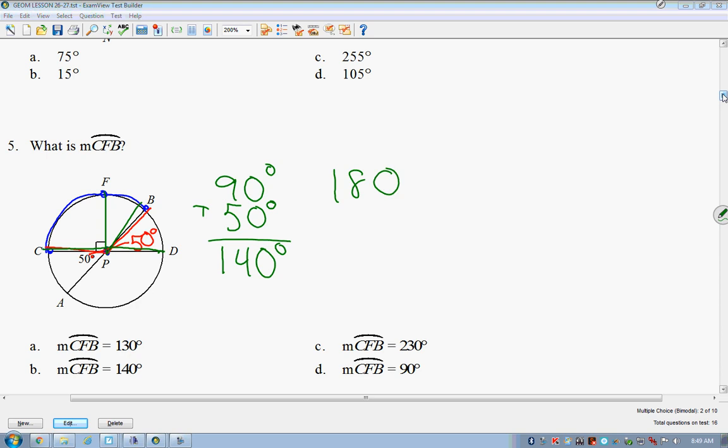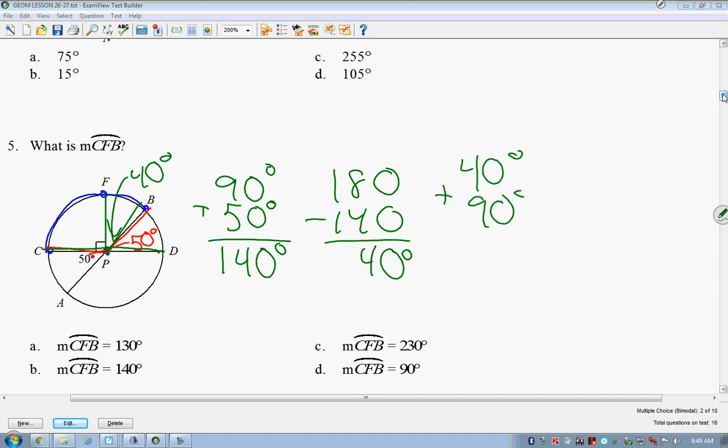So 180 minus 140 leaves me how many degrees for that unknown angle? 40. So now I know that this is 40. Take 40 and add 90 to it. I get 130 degrees. Does that make sense? And that's my arc, because that's a central angle and it's going to measure the same thing. So that's how I'd get 130 degrees.